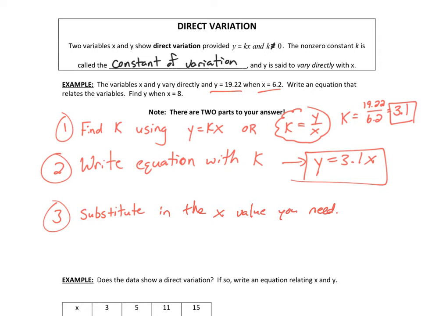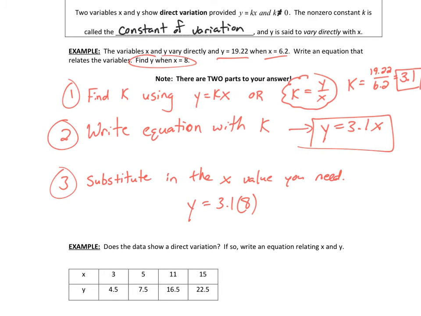So the x value that we need is x equals 8. So find y when x equals 8. So it would be y equals 3.1 times 8. You plug that in, and 3.1 times 8 is going to give you y equals 24.8.